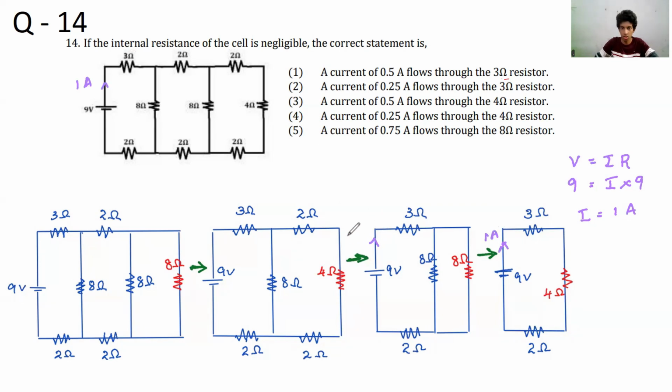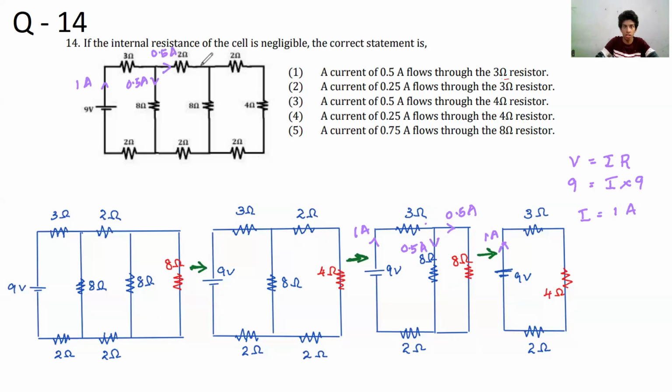Then, as the 1 ampere current flows, at this junction the current divides into 2. So let's see how the current divides. As the resistance is equal in both the paths, the current will equally divide into 0.5 amperes and 0.5 amperes. So this will be 0.5 amperes and this will also be 0.5 amperes.